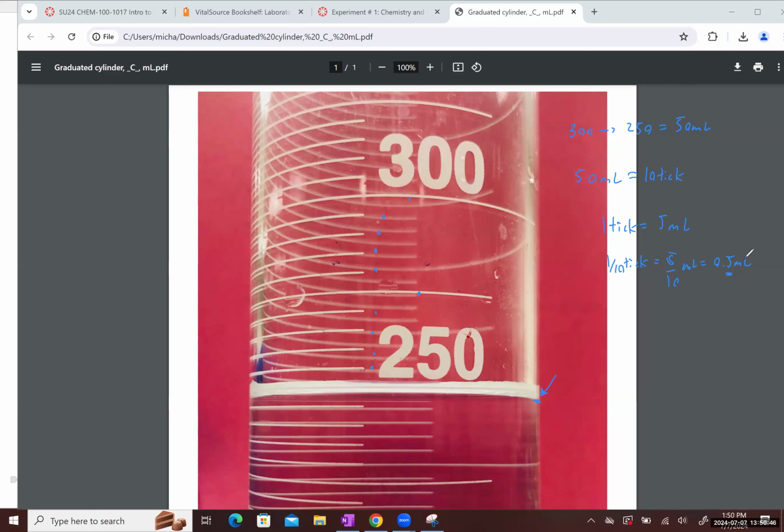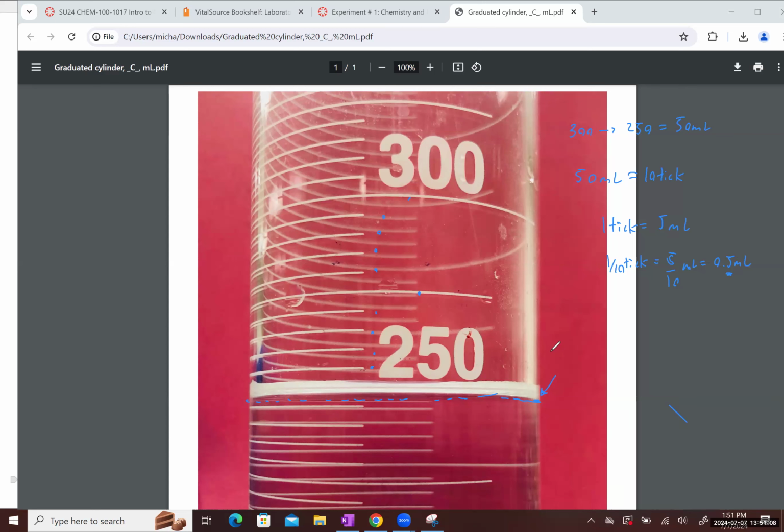So we are a little bit below the 250 mark. The bottom of the meniscus is around here.